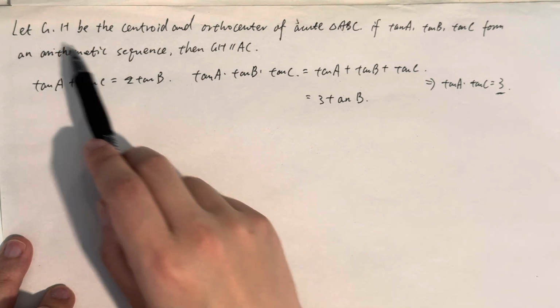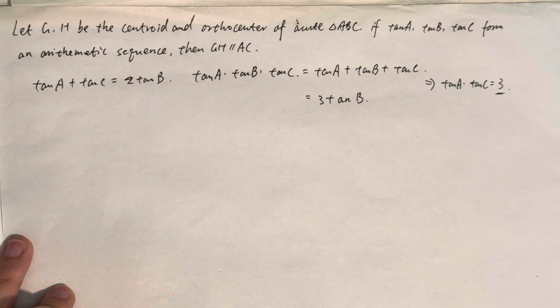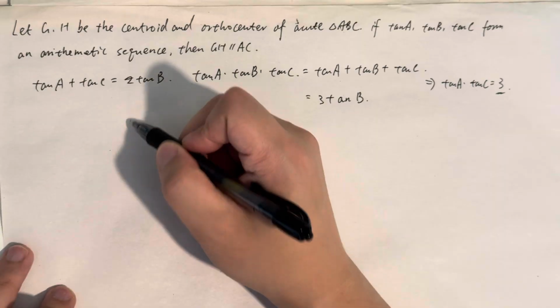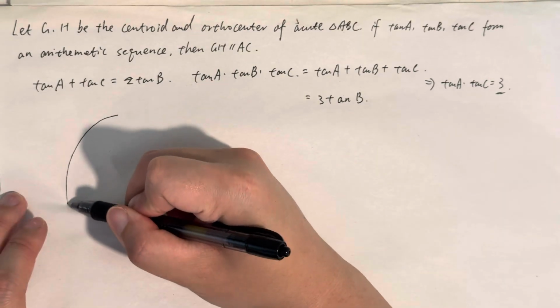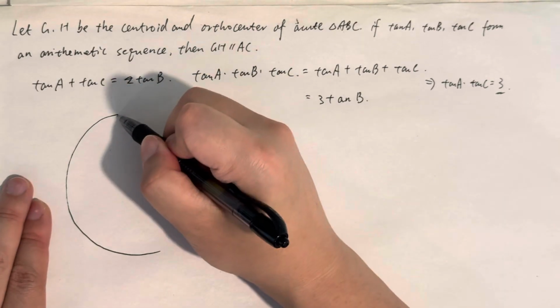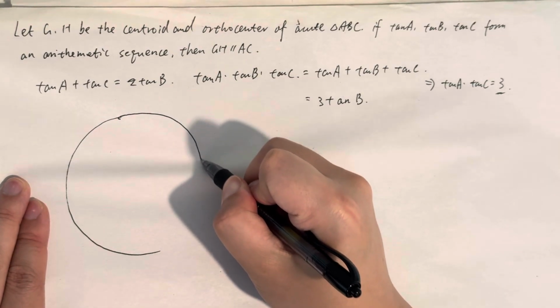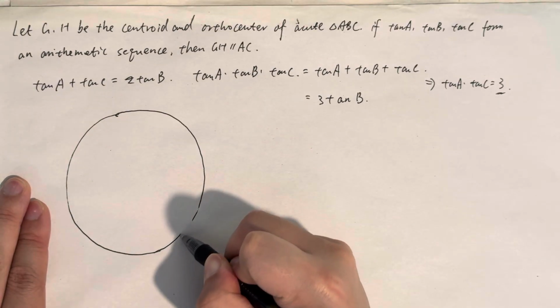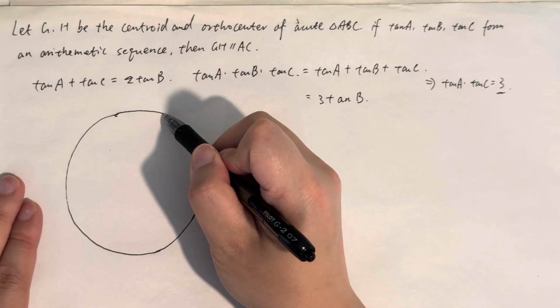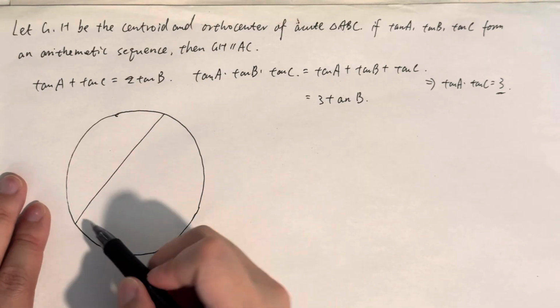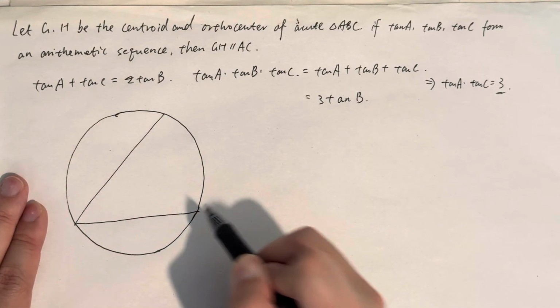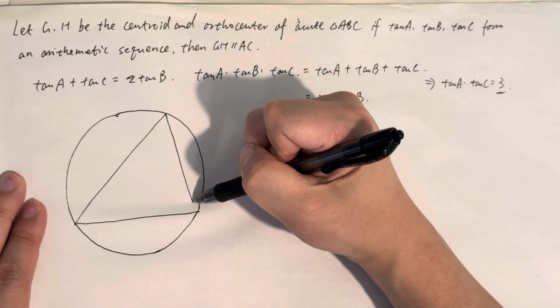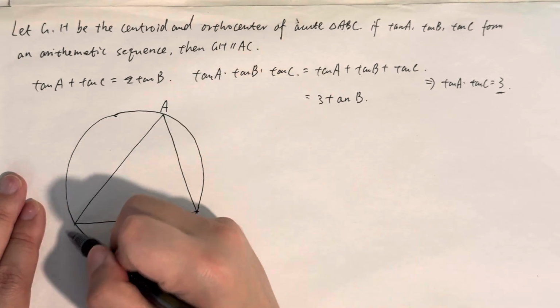G is a centroid. And the centroid has a property that relates to the 3. Let's just draw a figure here. I will need to use a circumcircle, so I draw the circumcircle first. So this is a triangle.